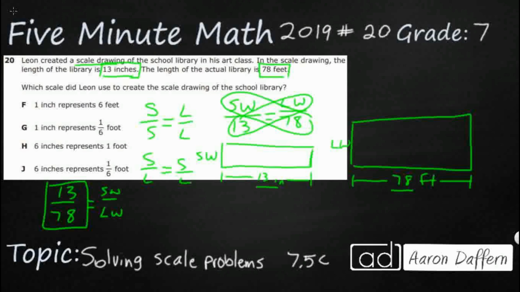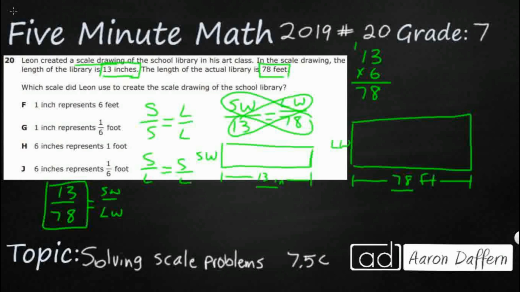So 13 is a prime number. Let's just hope 13 times something goes into 78, because if not, we're kind of stuck. Let's just see, 13 times, I'm going to guess 6, because I know 6 times 3 gets me 18. So that's going to be 18. There we go.